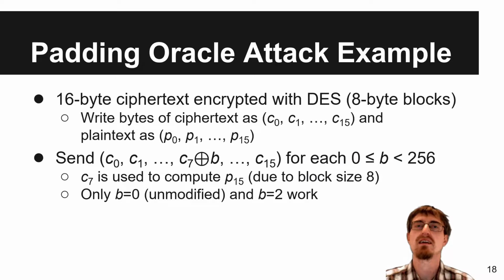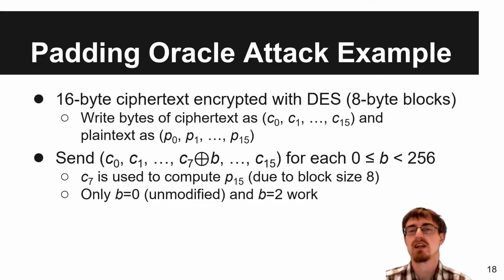Now let's take a look at an example. Let's say we have 16 bytes of ciphertext encrypted with DES using 8-byte blocks. Now we will write the bytes of ciphertext as C0 up to C15 and the bytes of plaintext as P0 up to P15. Now, what we can send to the server is the following.